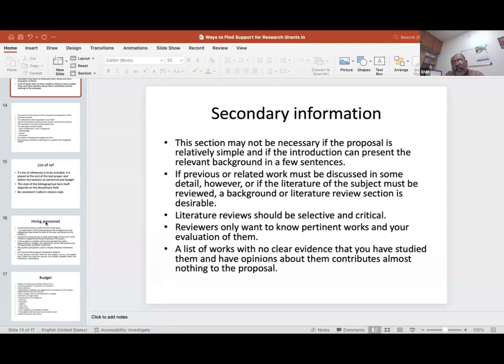Suppose in your research area, 6,000 papers have already been published. Now, what to do? If you do not have access to Mendeley or Zotero or a reference manager, you may do some kind of meta-analysis, then you can finally find a synthesis and write. I request all of you to learn these things also.